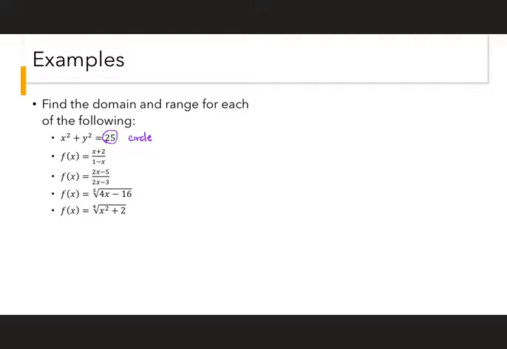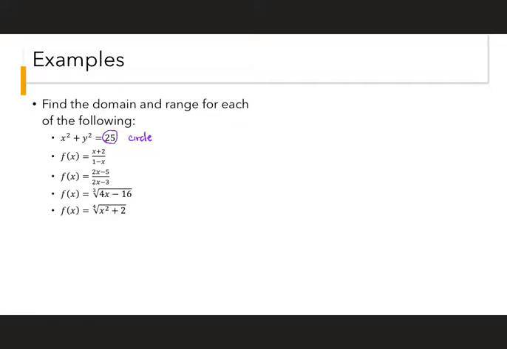All right, the next one, f of x, is the cube root of 4x minus 16. If the index is odd, if there is an odd index, then there are no restrictions. I don't have to worry about it.